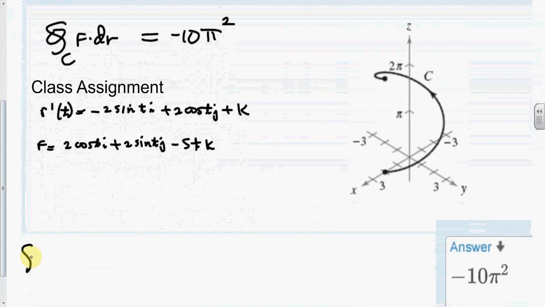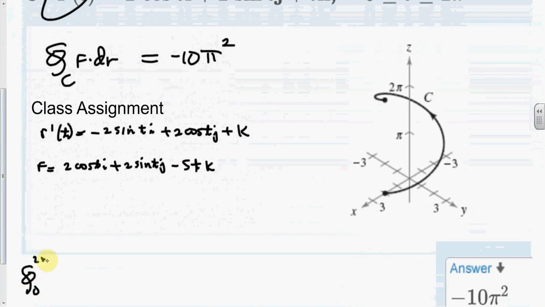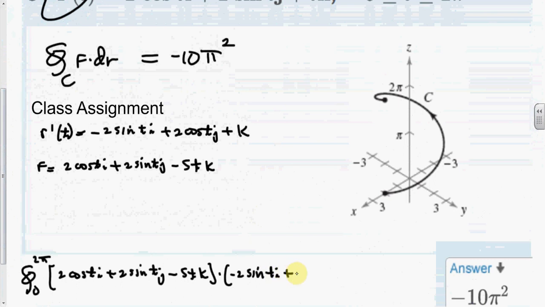So we end up calculating the integral from 0 to 2 pi of F, which is 2 cosine t i plus 2 sine t j minus 5t k, dot product with -2 sine t i plus 2 cosine t j plus k, times dt.